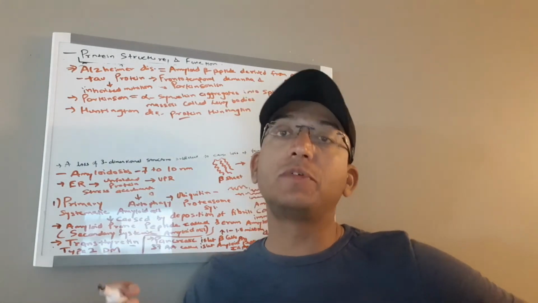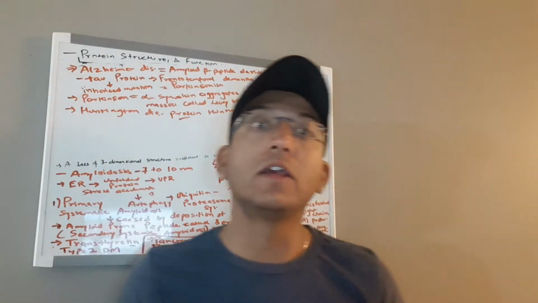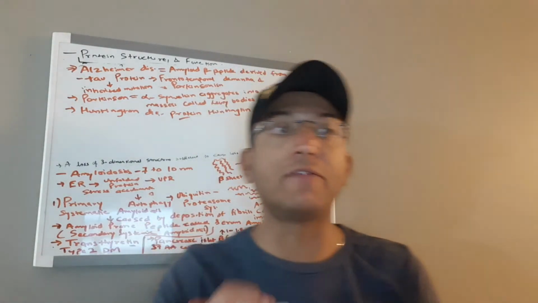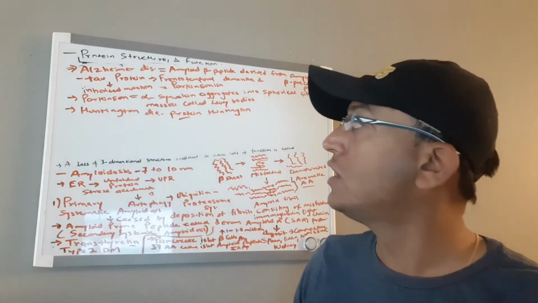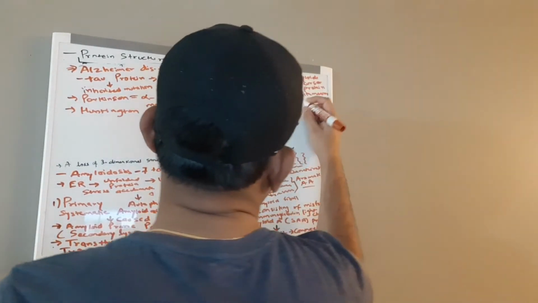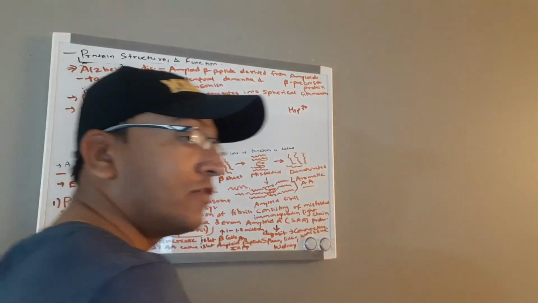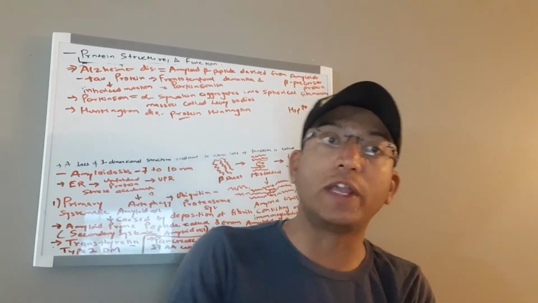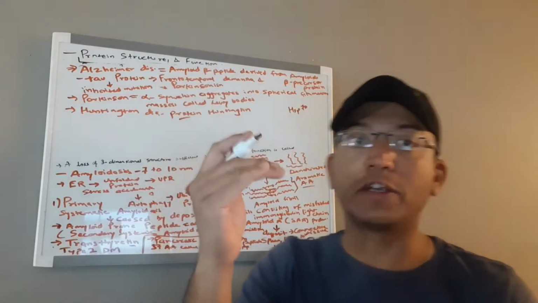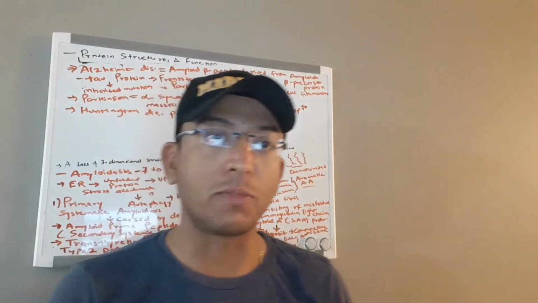All of these symptoms are highly suppressed if expression of the HSP70 chaperone is also increased. If you remember chaperones, HSP70 is one kind of chaperone that folds proteins. If this is increased, the symptoms are highly suppressed.